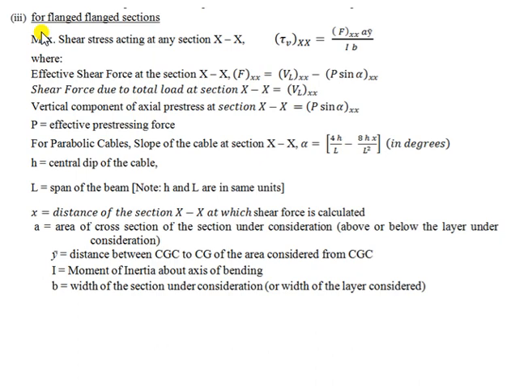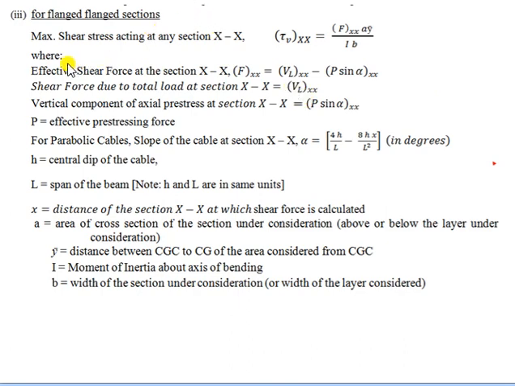So for a flanged section, the maximum shear stress acting at any section XX, tau v, is equal to Fxx into A y bar divided by Ib, where the effective shear force at the section XX, Fxx, is equal to VLxx minus P sin alpha xx.